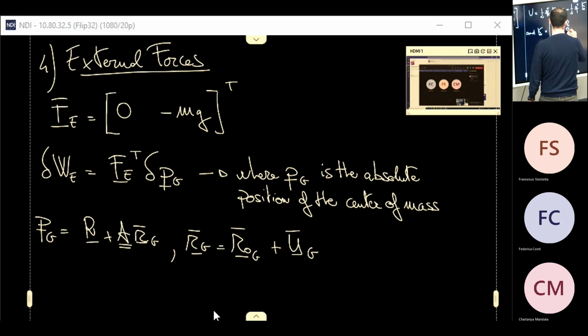Okay, so R0G, can you guess what it is? R0G is the position with respect to the local frame of the center of mass of my body.